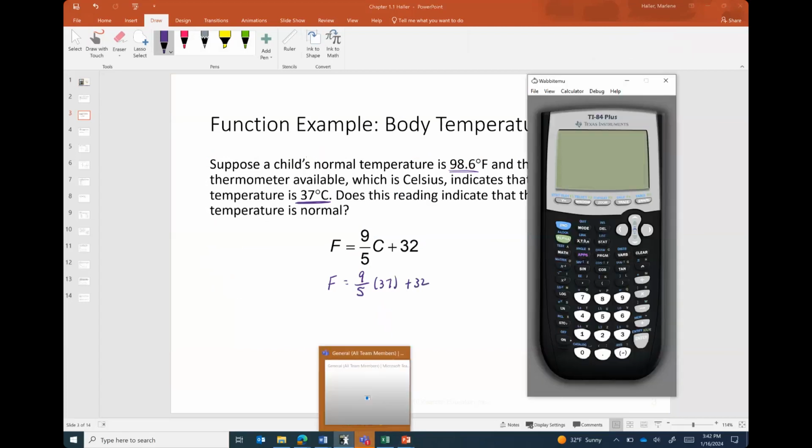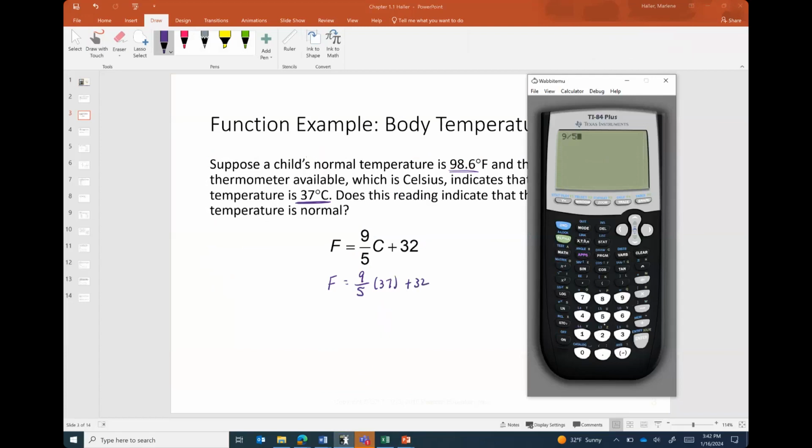Okay, so we can pull up a calculator. Let's find out what that is. So it's going to be 9 divided by 5, or 9/5.